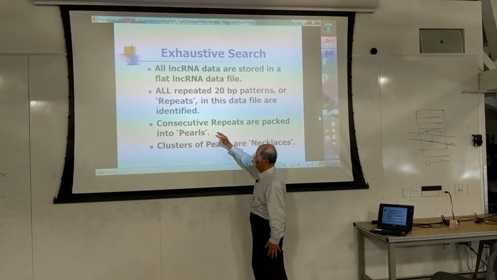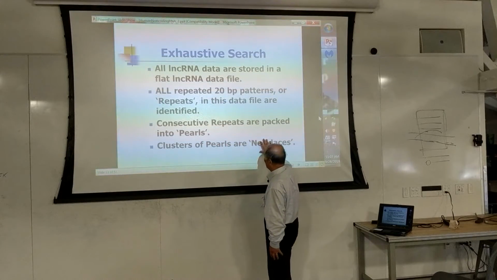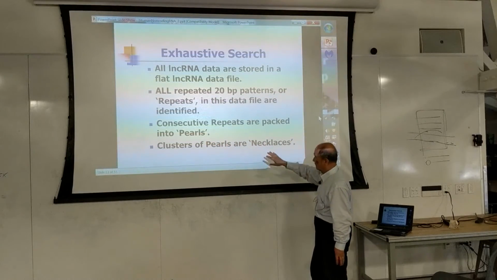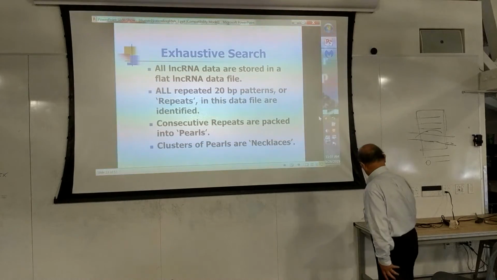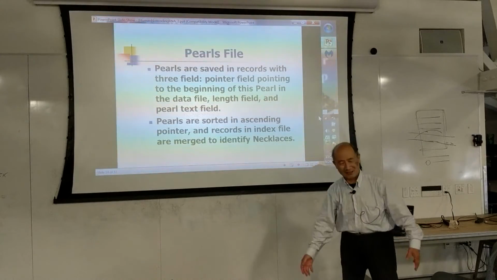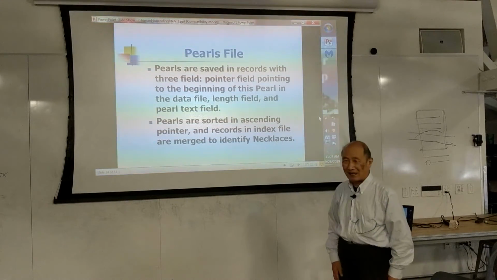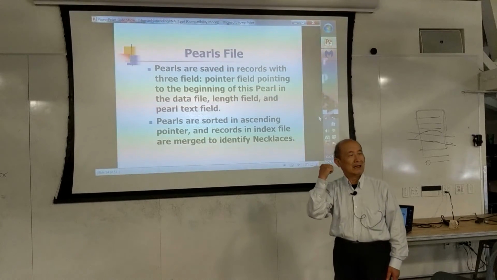And in the database, I'm looking for clusters of these pairs. But I think you guys have all been here for a long time, you know what I'm at. These clusters are fourth programs, okay?